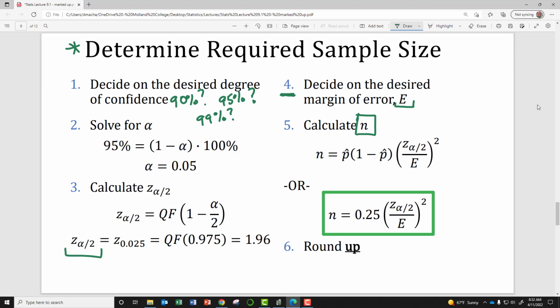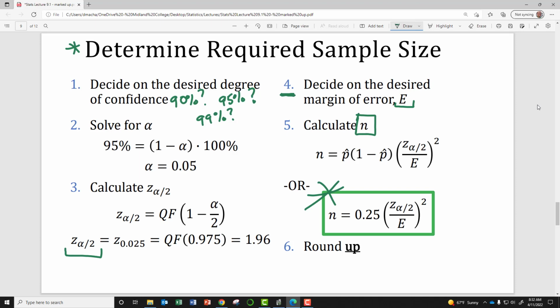After using this formula, I prefer that you use this formula unless your online homework tells you differently, then I want you to round up. So if you get n is equal to 3.2, let's say, rounding up would mean setting n equal to 4. So if you have any decimal after the integer, round up to the next highest integer.